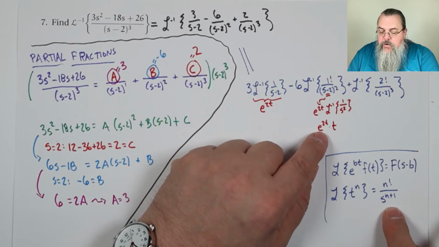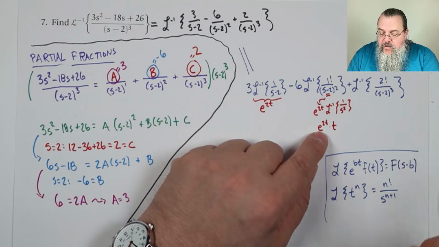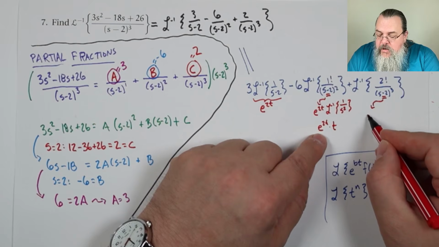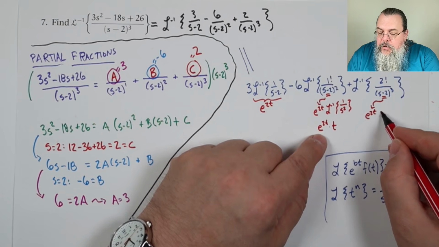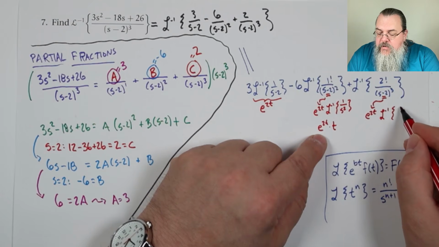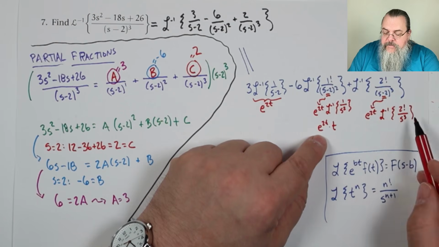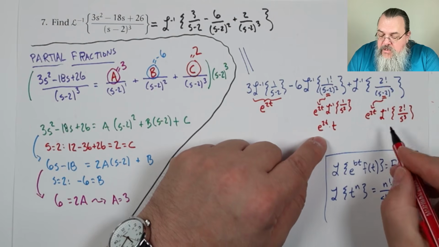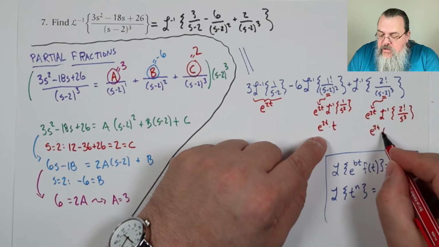Inverse Laplace of 1 over s squared is t. Again, if you see the shift, that says, oh, we're going to have an e to the 2t. But now imagine what happens if we don't have the shift. Well, if we don't have the shift, that would become, if you look here, the rule for n equals 2. So that would become an e to the 2t t squared.